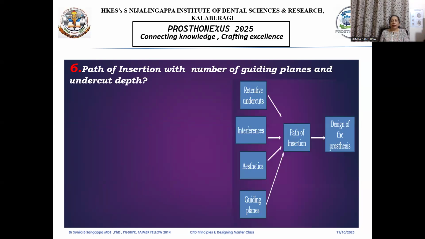So here you have to remember that the optimal path of insertion is determined by equalizing the retentive undercuts for all abutments and also eliminating or even minimizing the number of interferences in our path of insertion, and trying to have the placement of the artificial teeth in the best of its aesthetics, and by trying to limit the number of guiding planes, by trying to ensure that there is limited movement both while insertion, removal, and function.